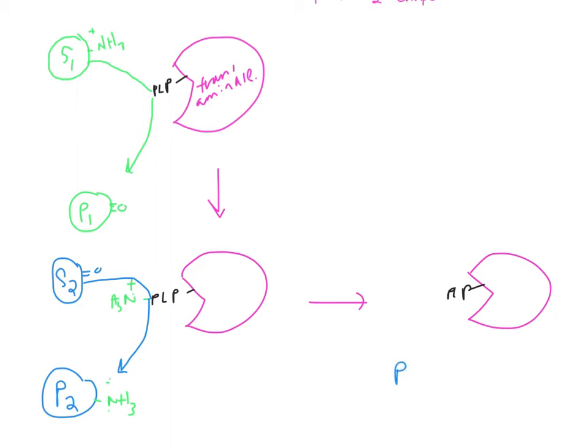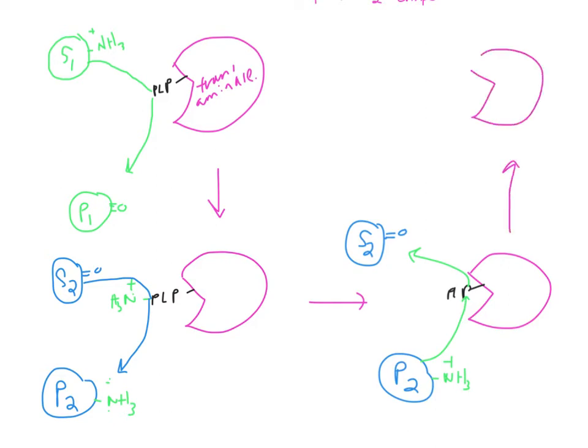And we could literally go backwards, to play ping pong again. P2 has the NH3 group. It could bind to PLP and spit us back out substrate 2, which is the alpha-keto acid. And then we would have the transaminase with the NH3 on it.